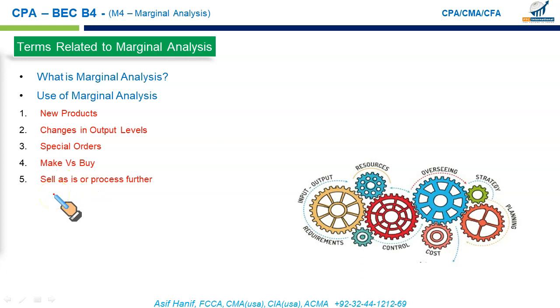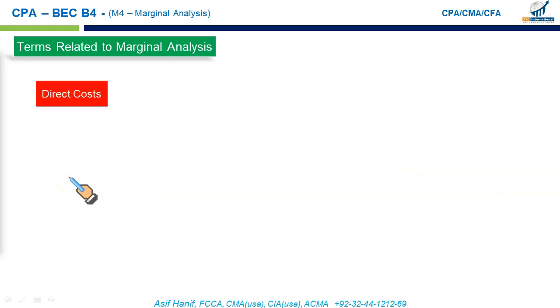Sell as is right now after the split-off point, or should we process it further? And finally, should we continue running a specific business segment or should we drop it? We will discuss all these as we go along, but before that we need to discuss some basic terminologies.